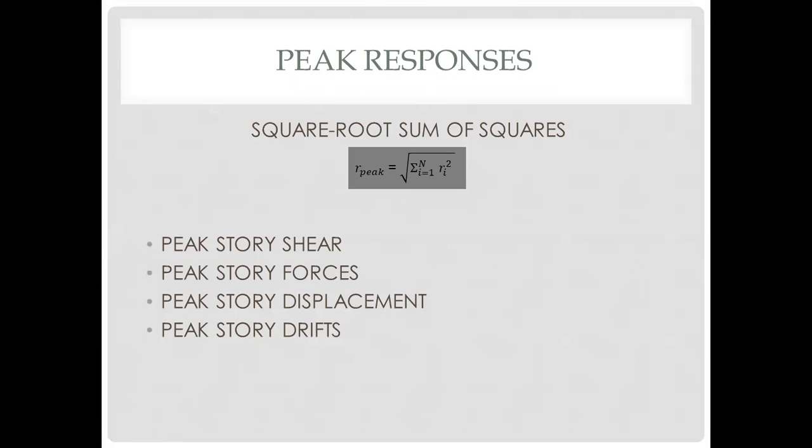So, next is the peak responses. So, we have to use the formula of square root sum of squares or SRSS. So, in this peak responses, we have subtopics like peak story shear, peak story forces, peak story displacement, and peak story drift.